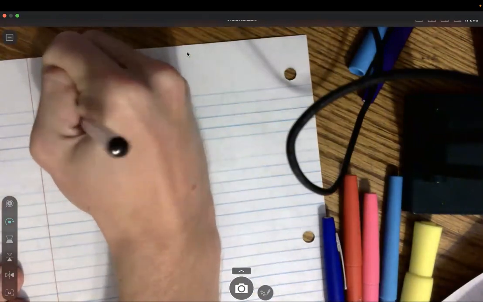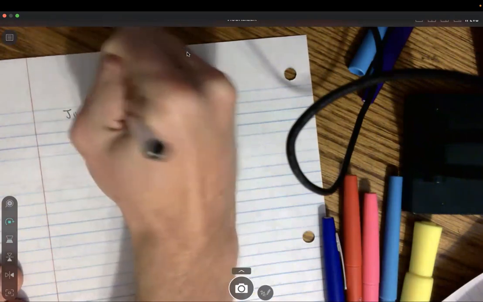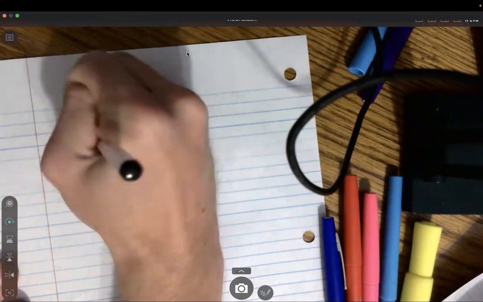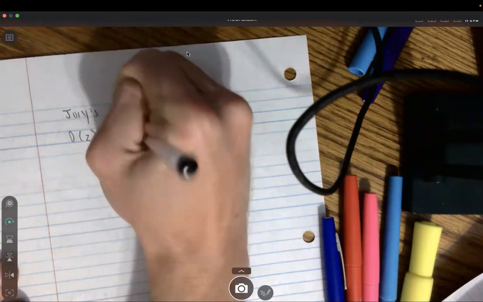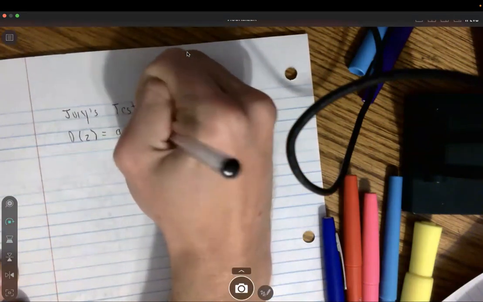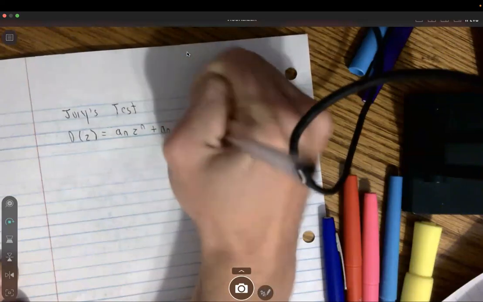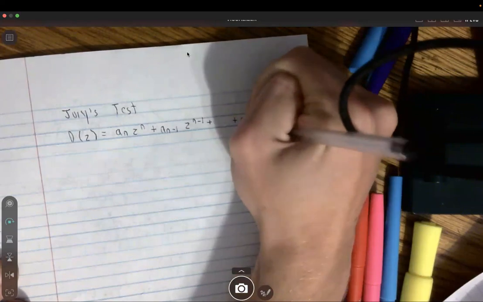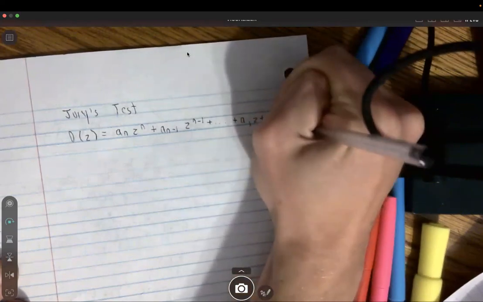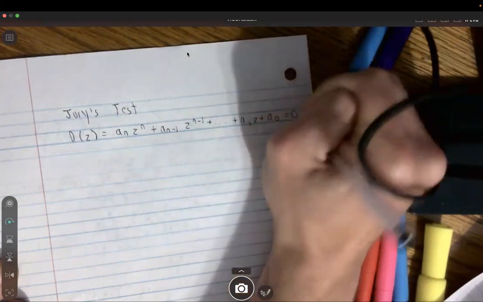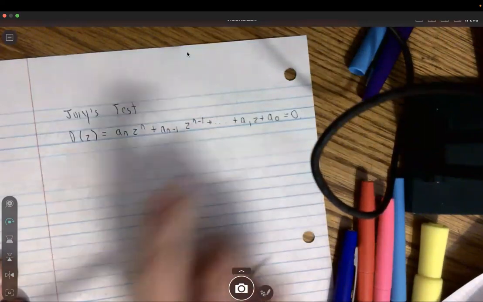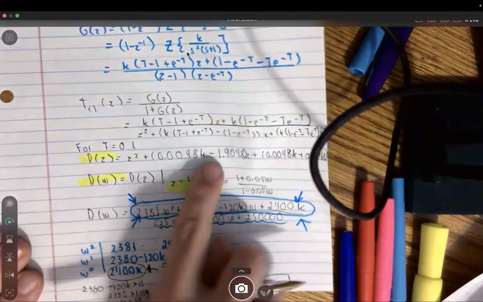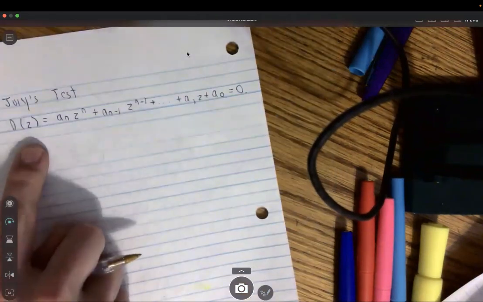For Jury's test, we'll walk through an example. You have the characteristic polynomial D(z) = a_n z^n + a_(n-1) z^(n-1) + ... + a_1 z + a_0 = 0. Remember, it's the denominator of your closed loop transfer function.